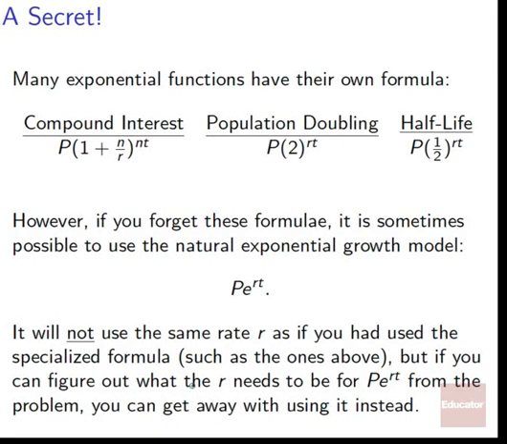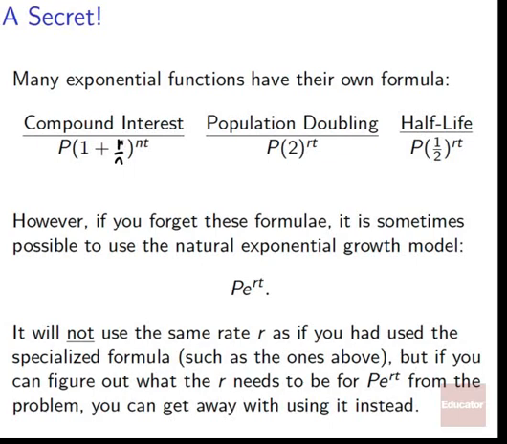Now, I've got a secret for you, so don't let anybody else know about this. Many exponential functions have their own formula. Compound interest is 1 plus the number of times that it compounds in a year divided, oh, whoops, this should actually be the other way around. It shouldn't be n over r. It should be r over n. The rate divided by the number of times it compounds, to the number of times it compounds times the time.